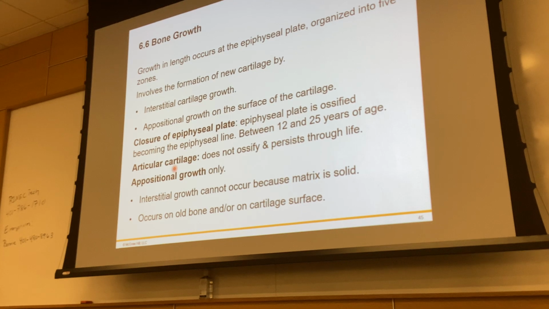In terms of the process itself, it's called appositional growth. Appositional growth means that in long bones, new cartilage is going to be added on the superior and inferior portion of the epiphyseal plate, and then bone is going to be added deep to that, closer to the medullary cavity.